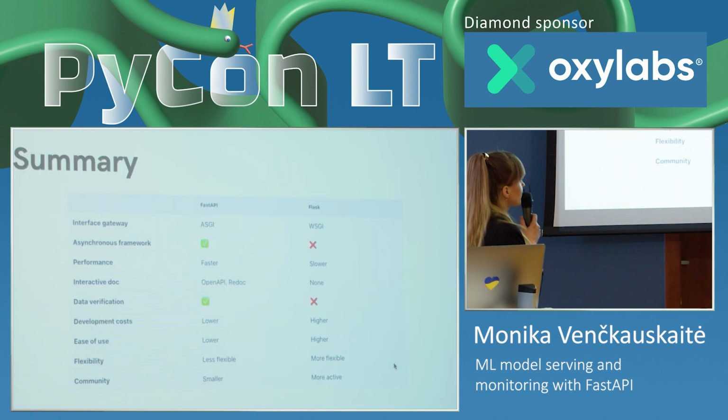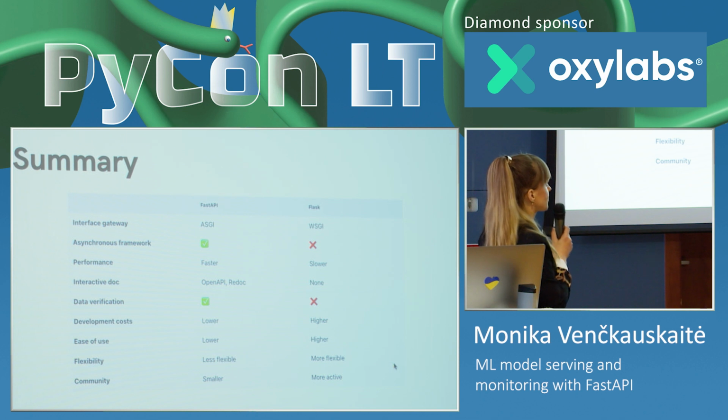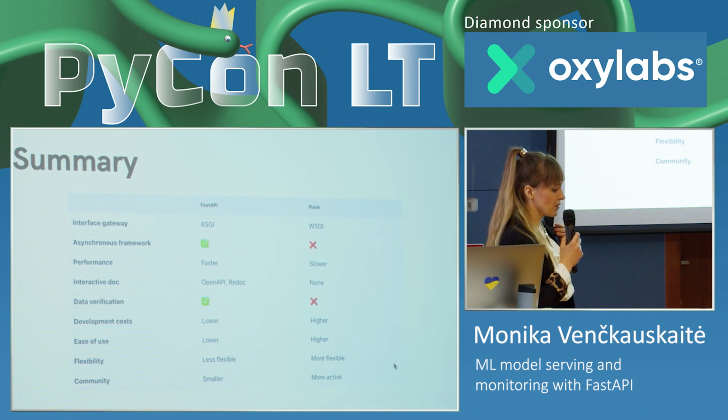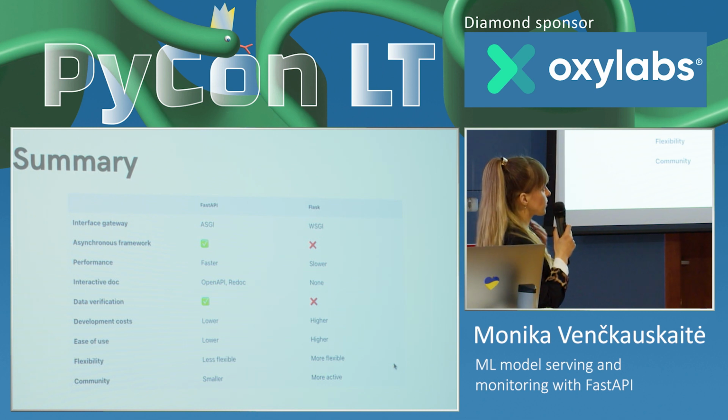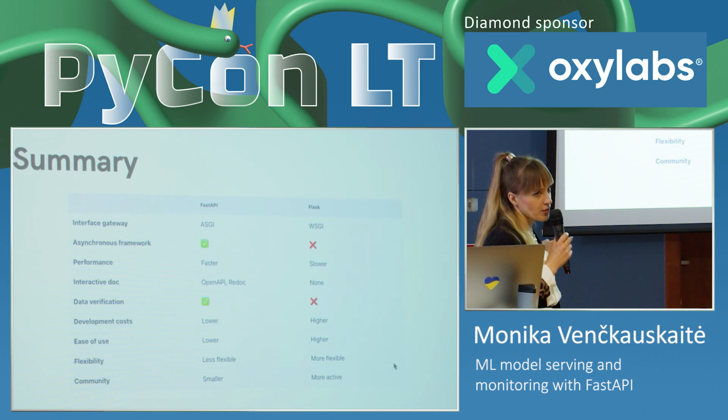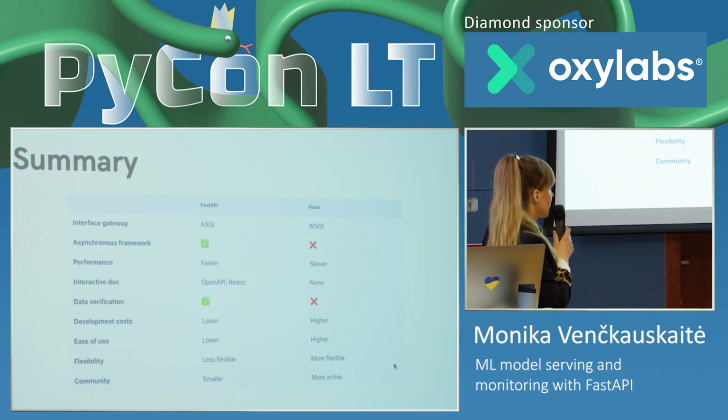To summarize, FastAPI is asynchronous, so it can already handle concurrency and async requests for you. This is why it's better than Flask. It has documentation included, data verification included, lower development cost. I would say I agree, because the less code you need to write, the faster you are, and it's easy to use.